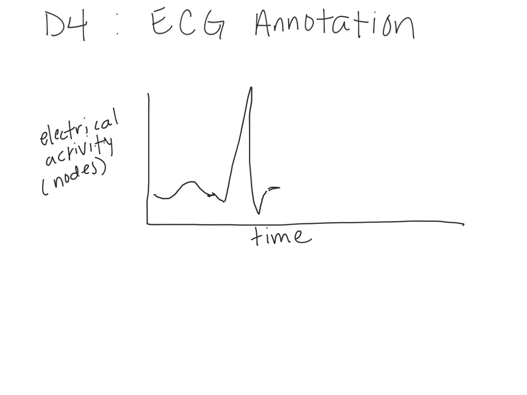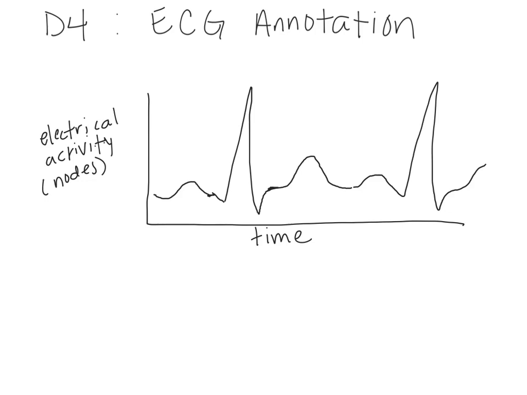Then we're going to experience something called the T wave. And then the cycle is going to start over again, with the P wave, the Q, R, S complex, and another T wave, so on and so forth.